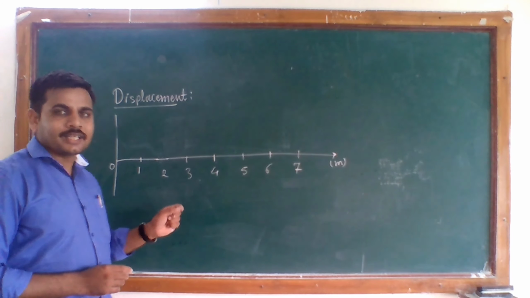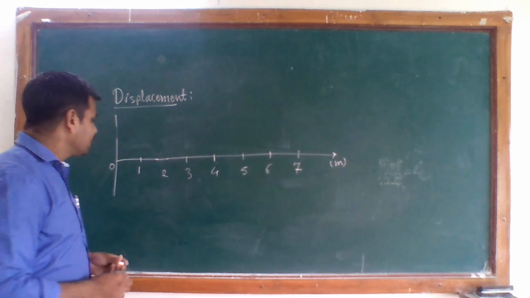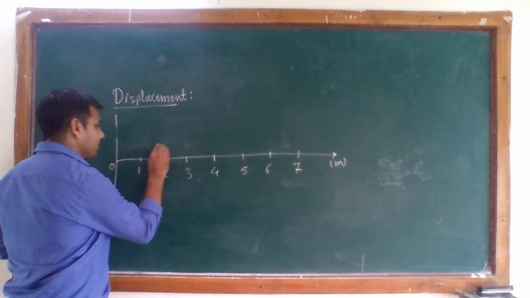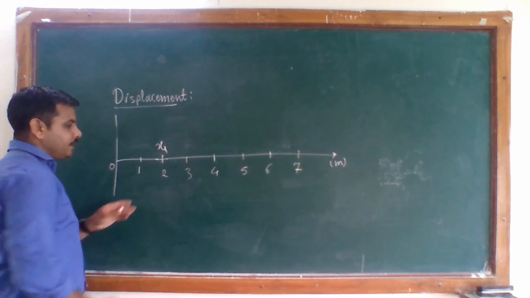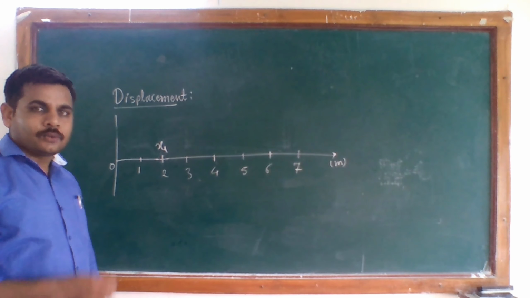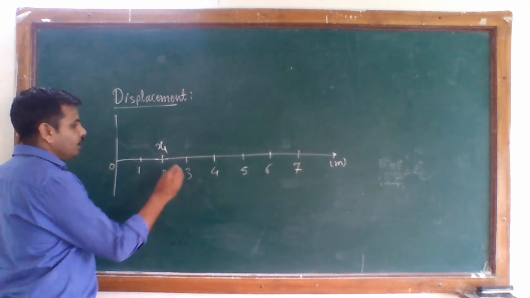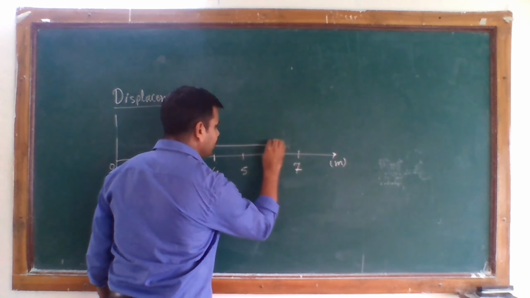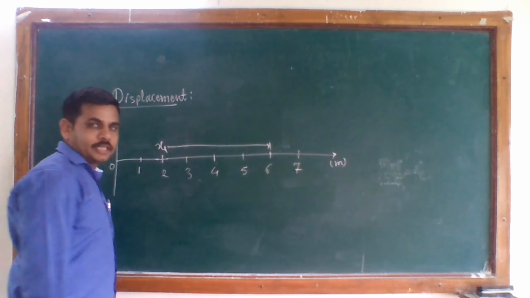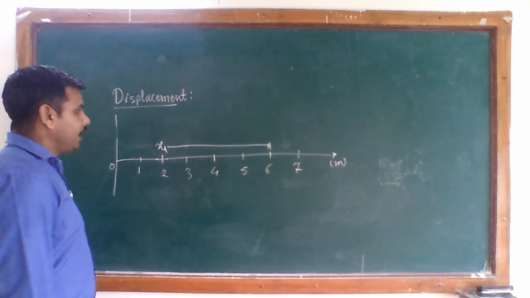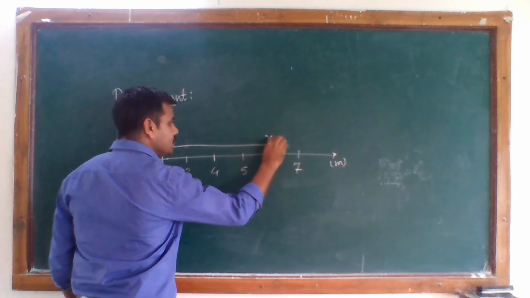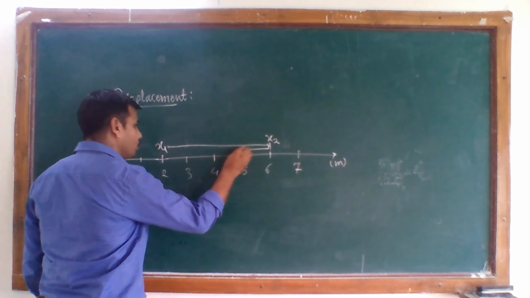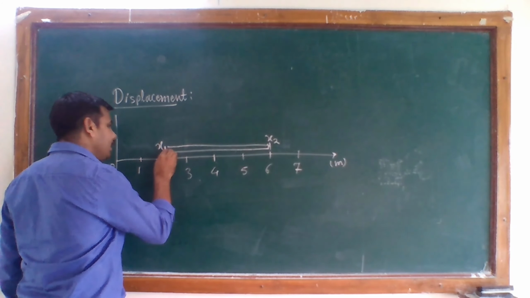Now we just check your third case. Just consider your object at x1, which is at 2 meter. Your object changes its position from x1 to x2, which is at 6 meter. Again, this is x2, and again your object changes its position by the same distance.